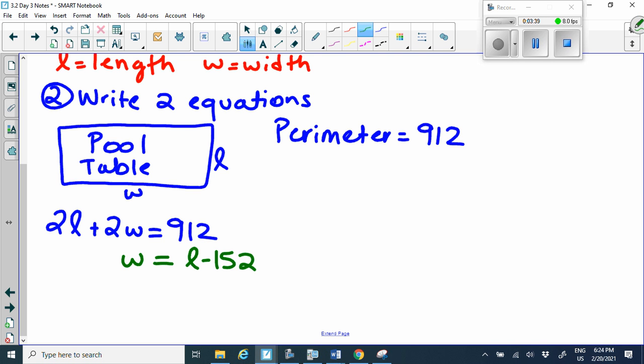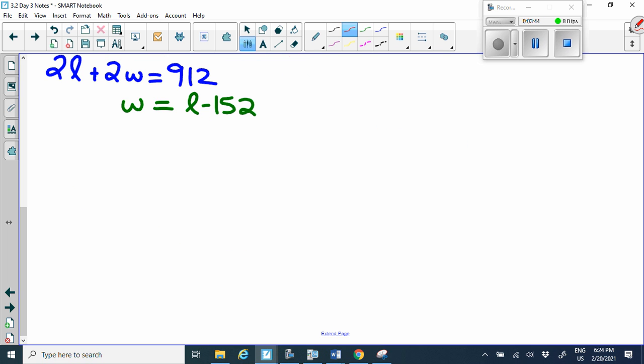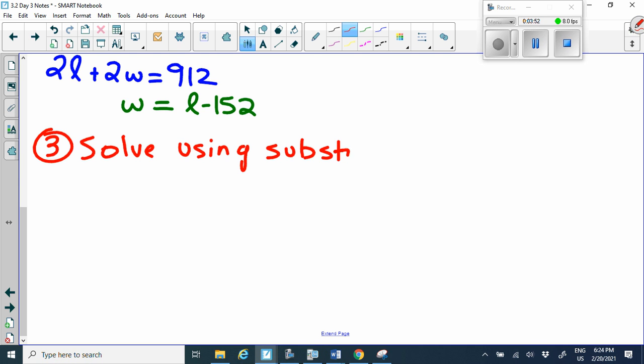Now that we have our 2 equations, our next part is solving for the variables. We're going to solve using substitution or elimination. Once again, you get to pick whichever you feel comfortable with and whichever you think is going to be easier.